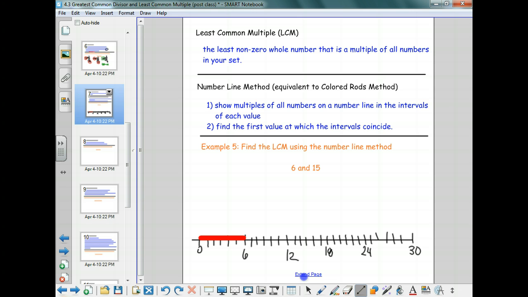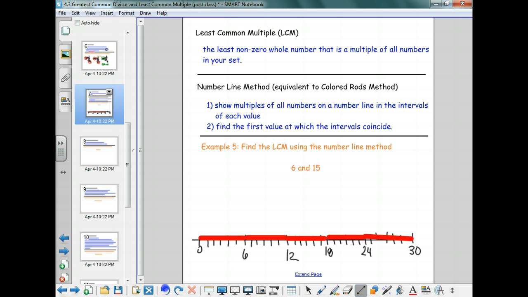This is also called the color rod method. Each of my red rods is worth 6 units long. So here's one length of 6. Here's my second length of 6. Here's my third length of 6. And I can keep going in lengths of 6 for as far as I need to.